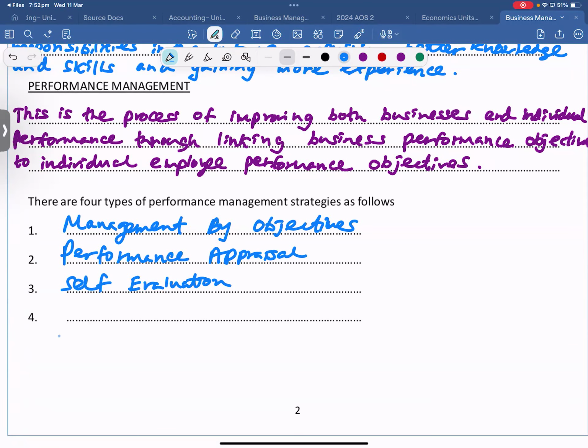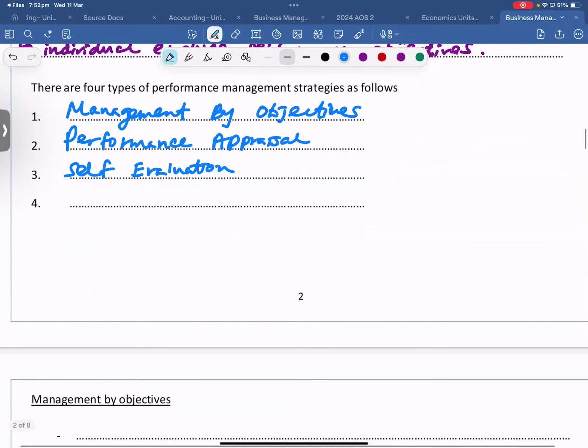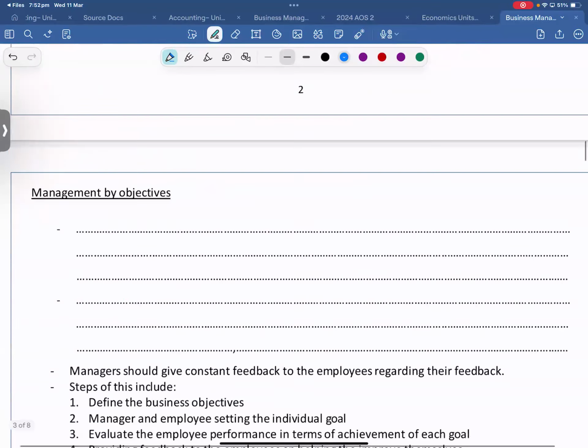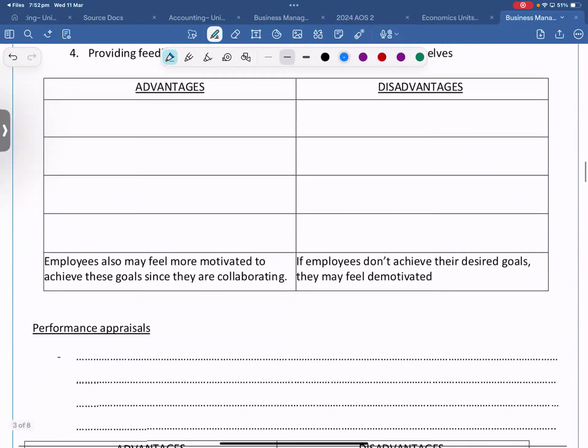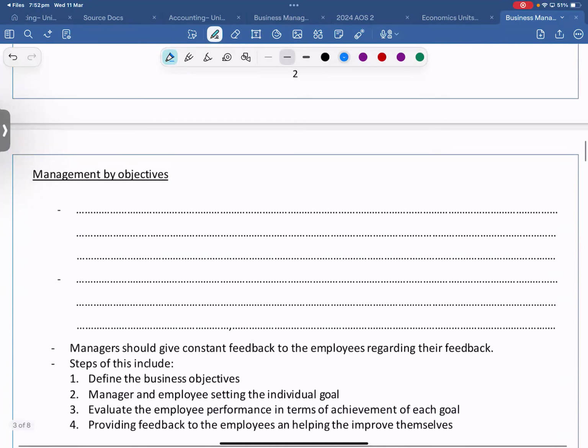And last one is employee observation. Okay. So management by objectives, we'll write it. We call it MBO. Or you can say MBOs, whichever it is, you know. Right.